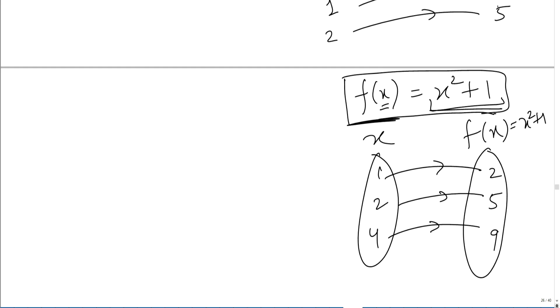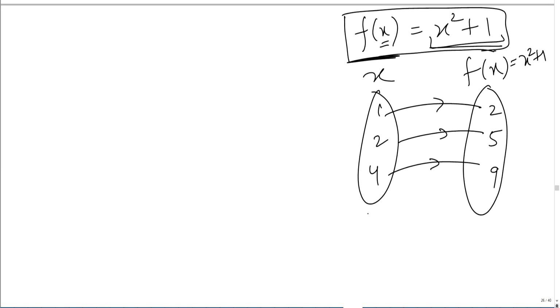So, this is another way of looking at a function. You can say that a function is a mapping from an input variable x to some outcome variable, let us say y, such that there is exactly a single value of y corresponding to a particular value of x.